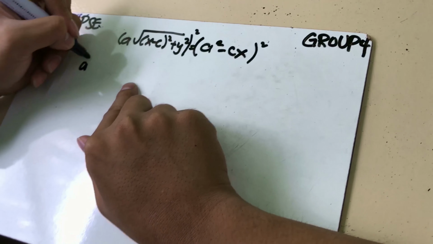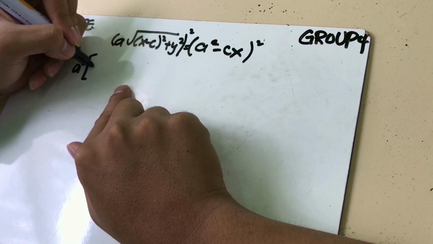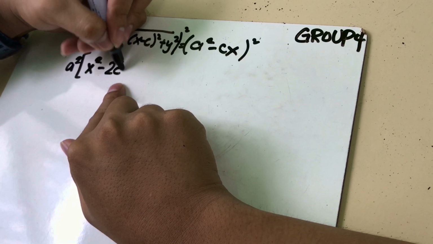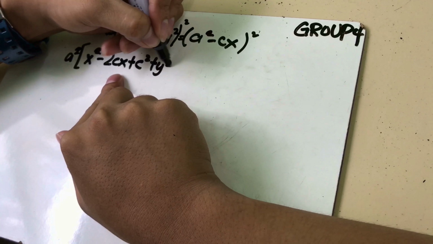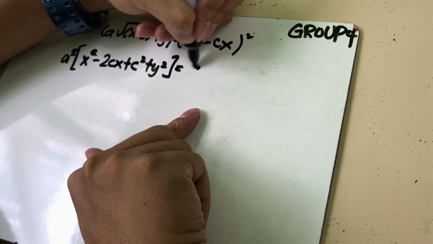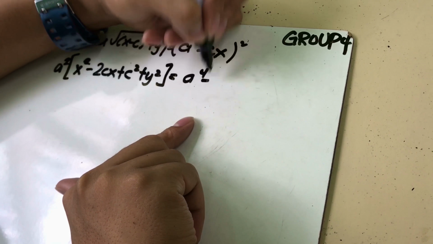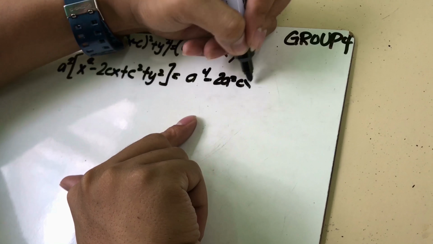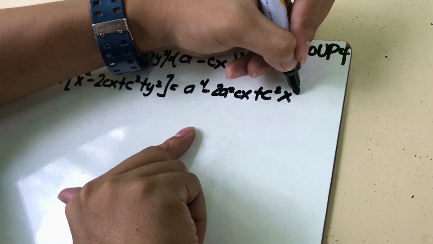So that's a squared times the bracket, x squared minus 2cx plus c squared plus y squared. And as this is a binomial, we do the FOIL method, which is done backstage already. That's a to the power 4 minus 2a squared cx plus c squared x squared.